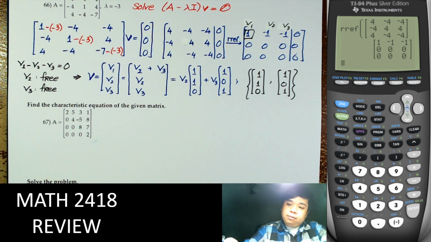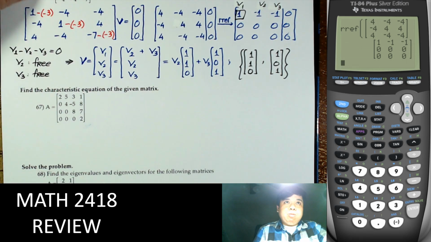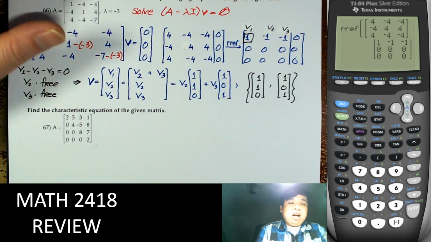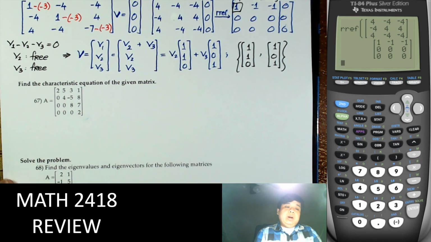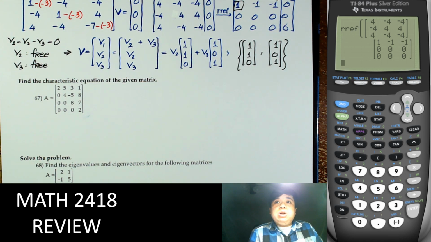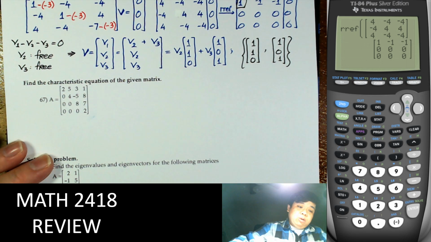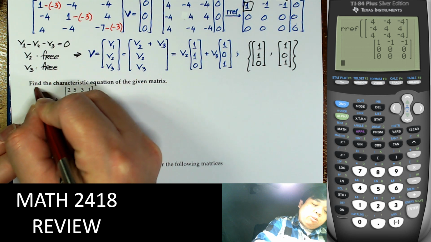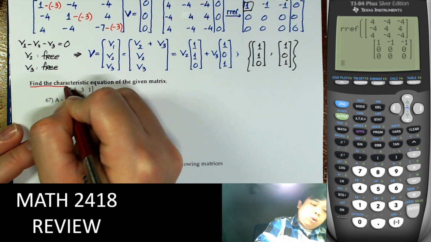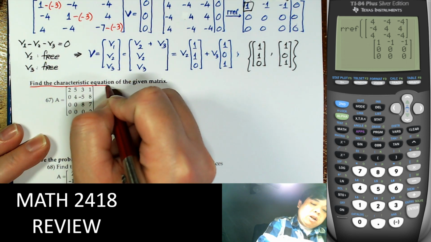Right. Next, on this class 2 problem, we are given eigenvalues. Now, if we don't know the eigenvalues, we just have a way to find them. To find the eigenvalues, equivalently we find the characteristic equation.